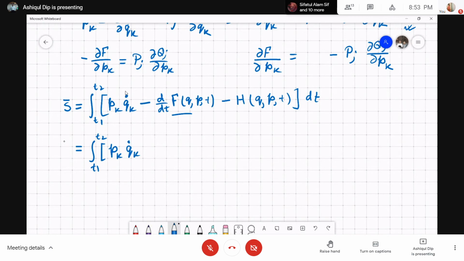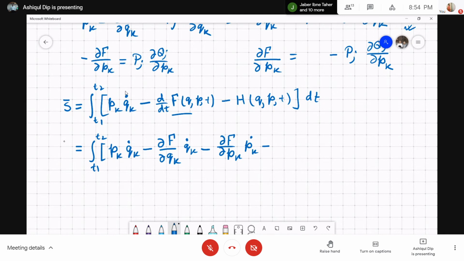It's minus del f by del q_k, times q_k dot, the time derivative of q_k. Then minus del f by del p_k, times the time derivative of p_k, p_k dot.